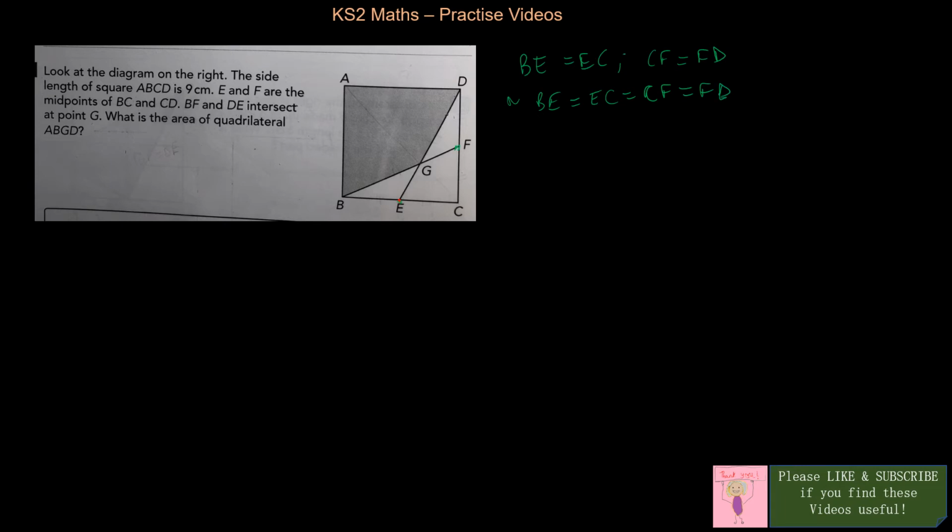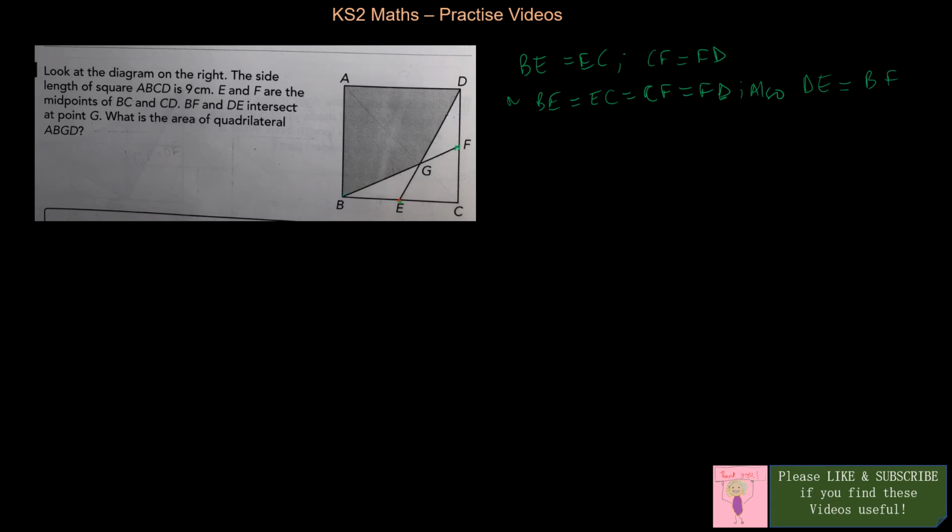So if that's the case, then EF also, we have DE equals BF.